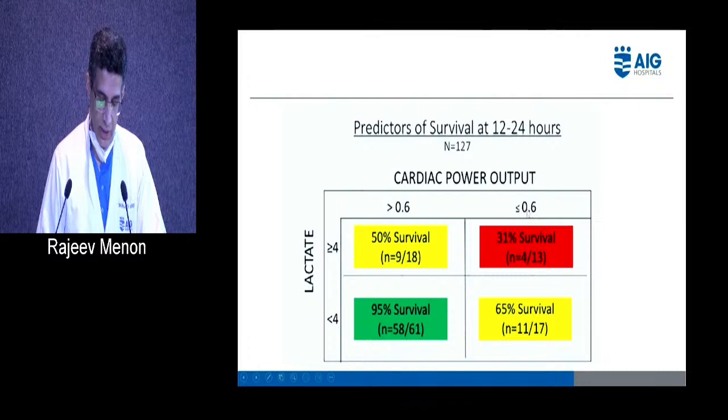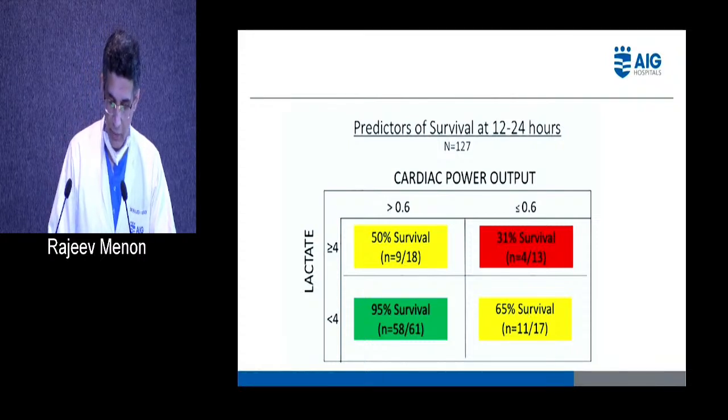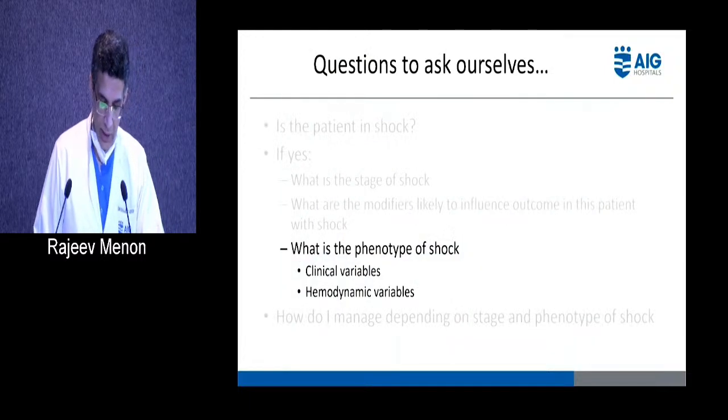And if the cardiac power output was less than 0.6, the survival is 31%. Of course, if the lactate is less than 4 and the cardiac power output is good, then almost all survive. And if the cardiac power output is low, even though the lactate is normal, there is hardly around 65% survival. So again, lactate significantly helps in prognosticating the patient.